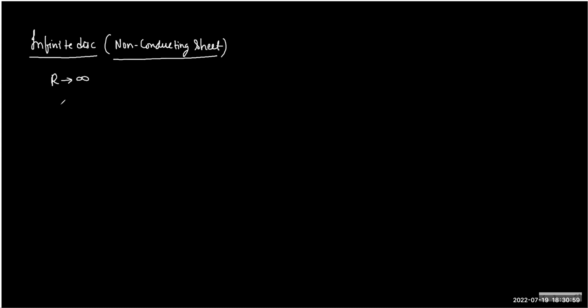So again, if you make R really infinite or big enough compared to the point which we are talking about, the formula for E will become how much? If you make R infinite, sigma by 2 epsilon.